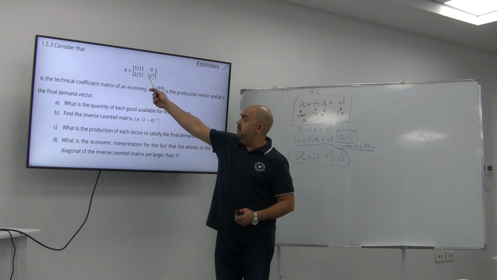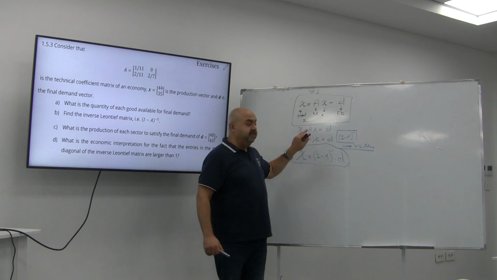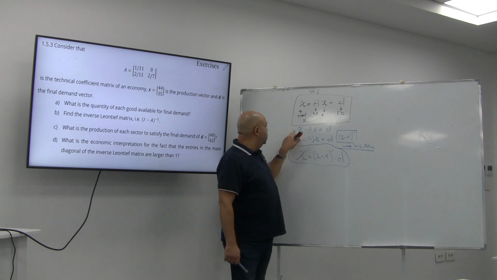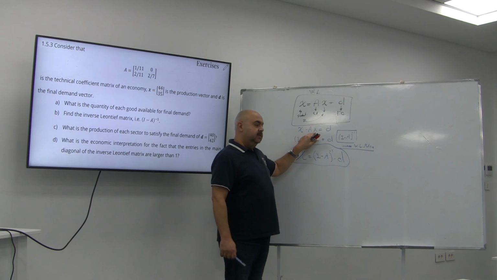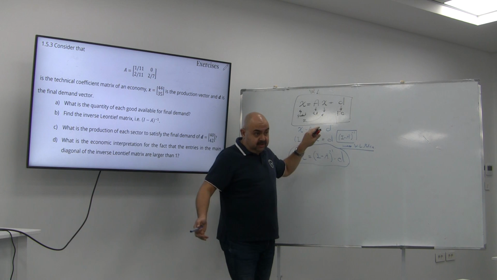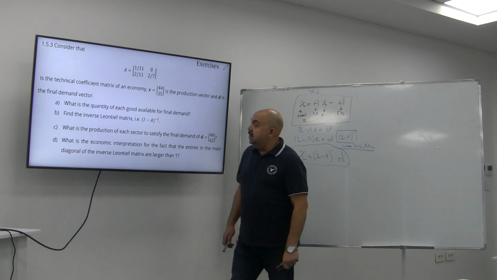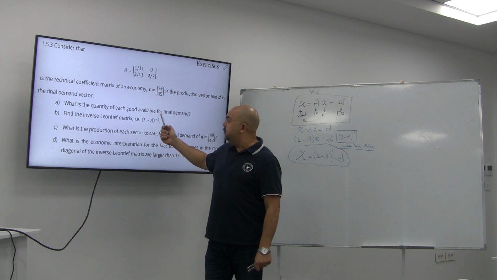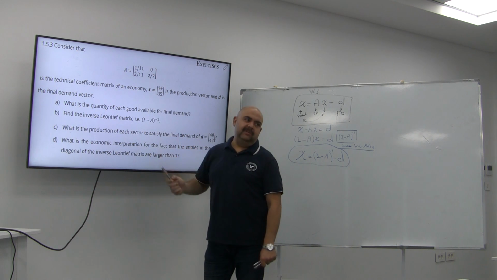Now we have the A matrix, so this is available. We have the X column, so this is available. So we will see what he's going to seek. He is asking what is the quantity of each good available for final demand, which is really very simple.